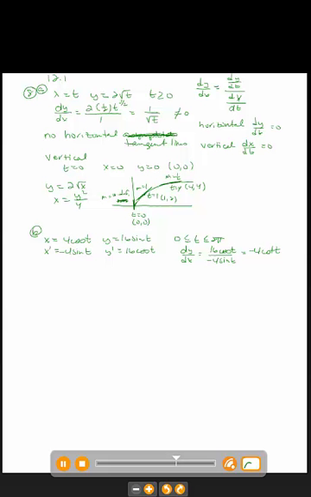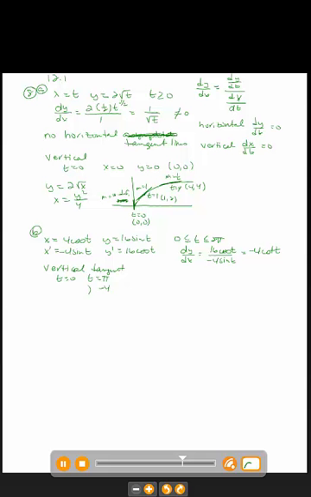So the question is vertical and horizontal tangents. When t is 0 and t is pi, the cotangent is undefined. So I would have vertical tangents at t equals 0 and t equals pi.